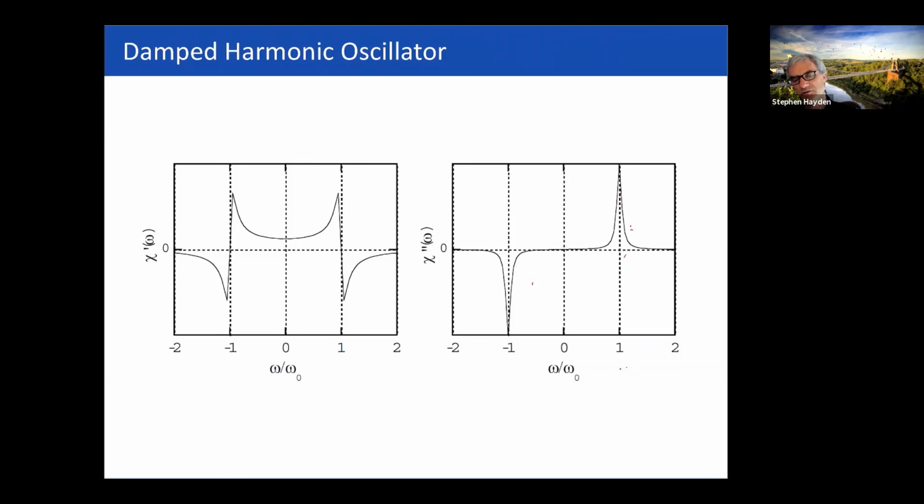And so the real part goes to 0 because everything's gone into the imaginary part. Then on one side it has one phase, and on the other side it has a different phase. So if you set up that simple case with sinusoidal probes, it shows you how the phase of the response changes as you go through it.